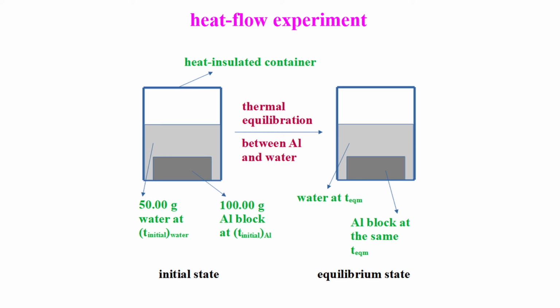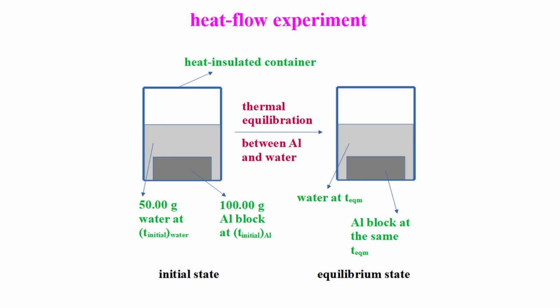To illustrate his analysis, let us consider the following experiment. A 100.00 gram aluminum block is dropped into a 50.00 gram sample of water in a heat insulated container. The two are at different initial temperatures.